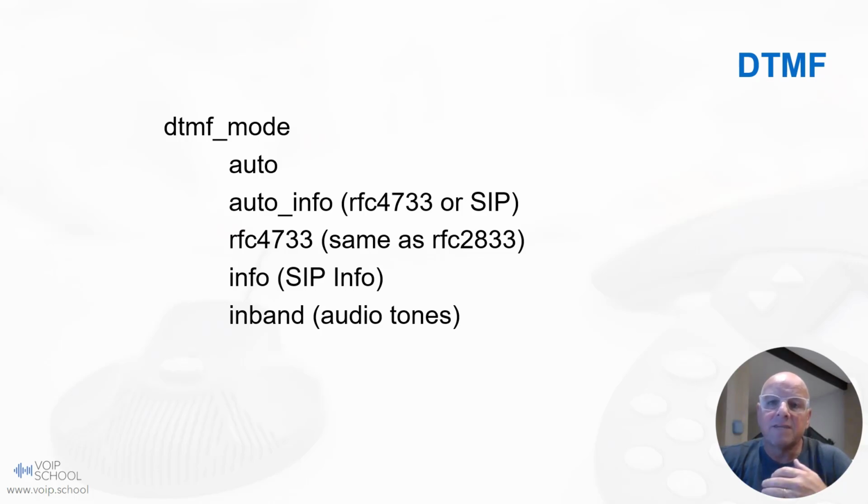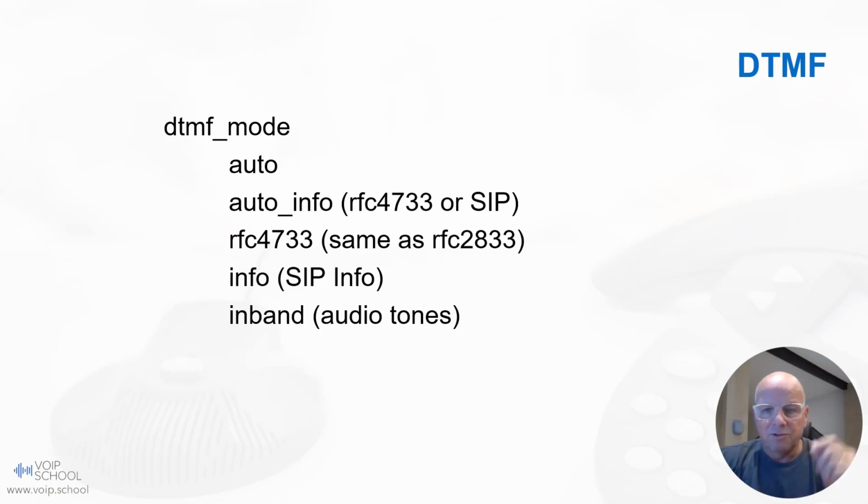The RFC 4733 mode, which is the same as the RFC 2833, handles DTMF tones encapsulated in RTP packets, according to the RFC 4733. The info mode processes DTMF tones received through SIP info messages, and finally, in-band mode detects DTMF tones within the audio stream itself. This is useful when handling audio tones from analog or PSTN sources.